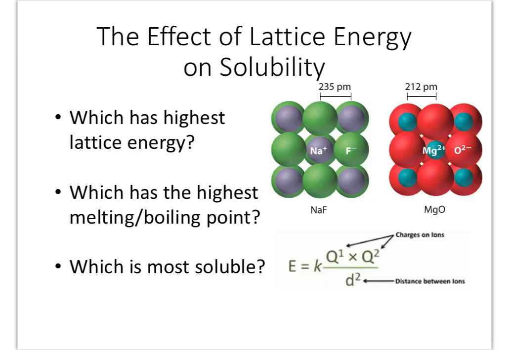I'm going to take a sidetrack here for a moment because this lattice energy ends up being important in the rest of the course, not quite as much in this unit, but later on. These diagrams represent the lattice of ionic compounds. Ionic compounds are made up of a metal and a nonmetal, where electrons are completely transferred from the metal to the nonmetal.